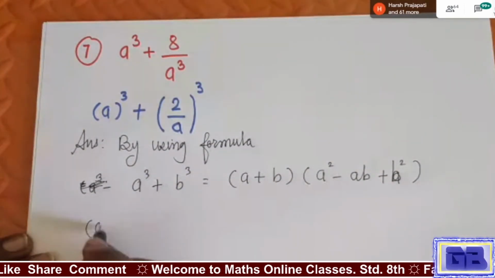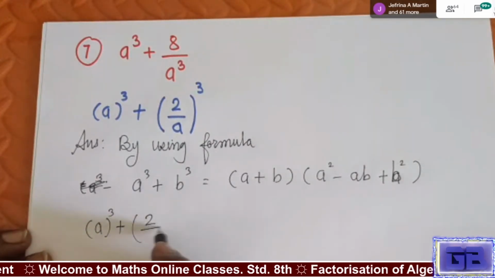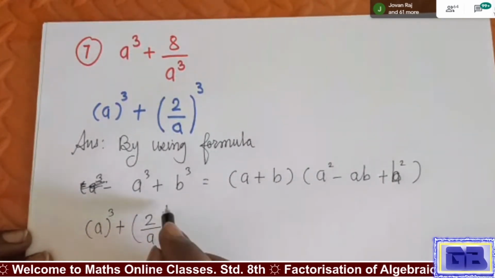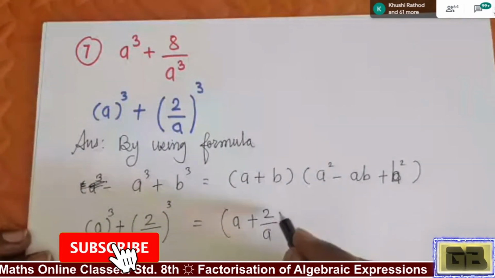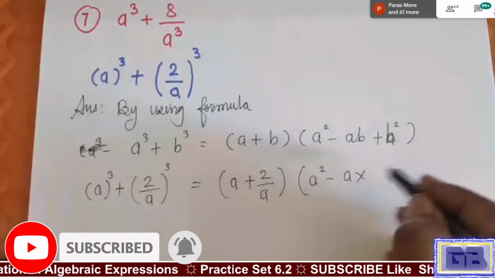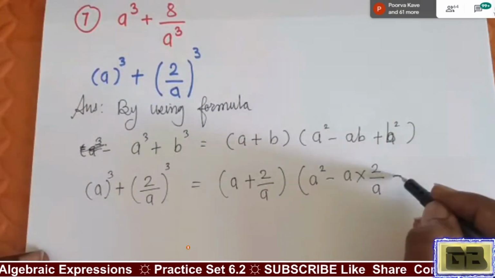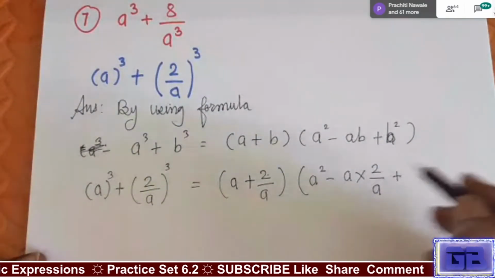Take the question down. In the first bracket a raised to cube, in the second bracket 2 upon a cube, a plus 2 upon a, square minus a into 2 upon a plus b square means 2 upon a square.